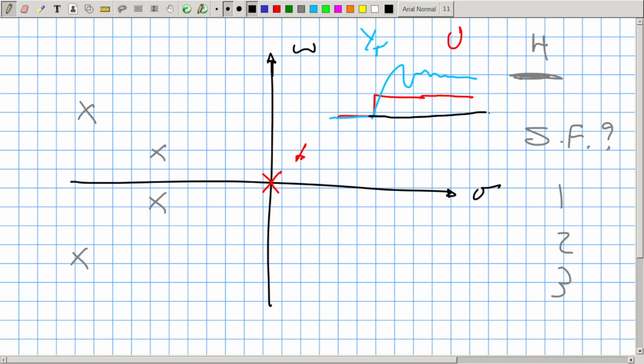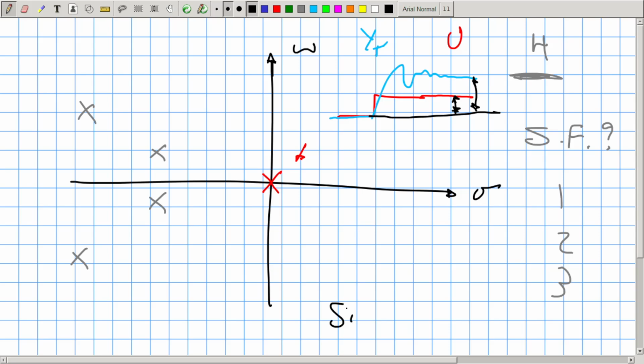And I've got the amplitude of the input and the amplitude of the output after the transient goes to zero. Do you see it? Isn't it the gain of the system?